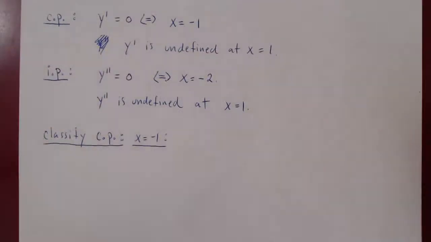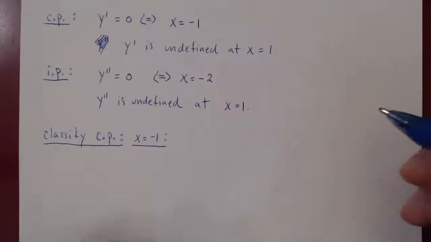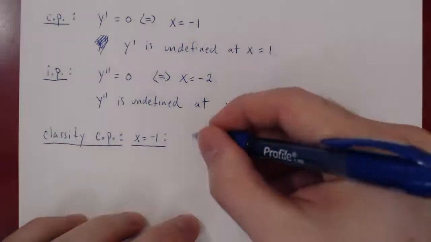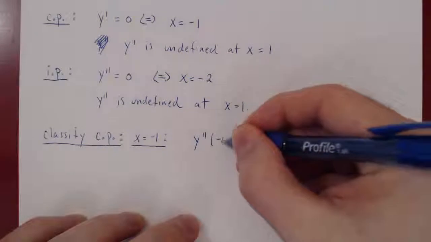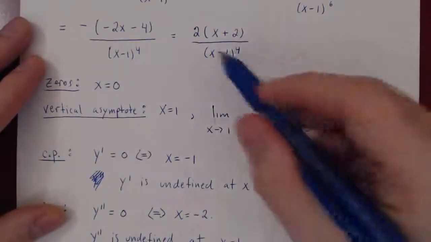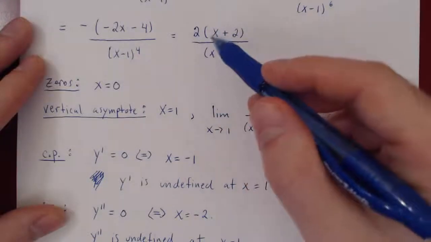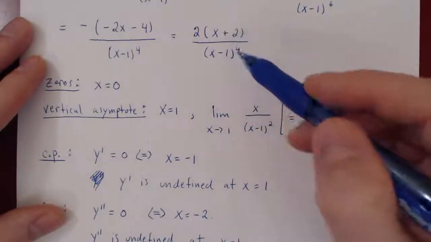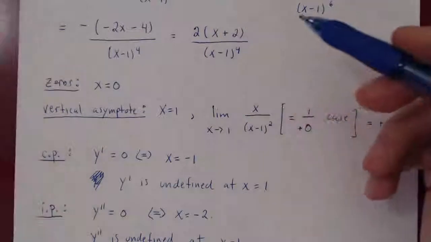As always, we classify critical points with the help of our second derivative. So we find the second derivative at negative 1. Let's look at what the second derivative is. It's right here, so we'll get 2 times negative 1 plus 1. Negative 1 plus 2 is 1.